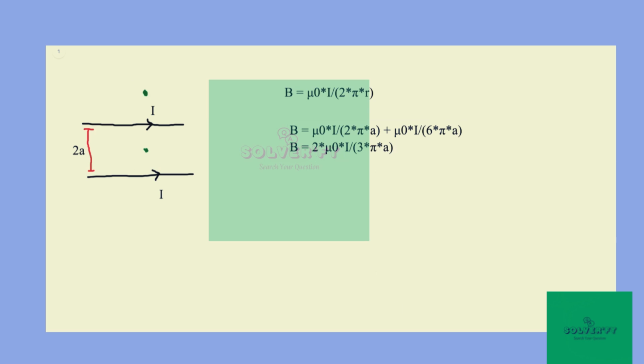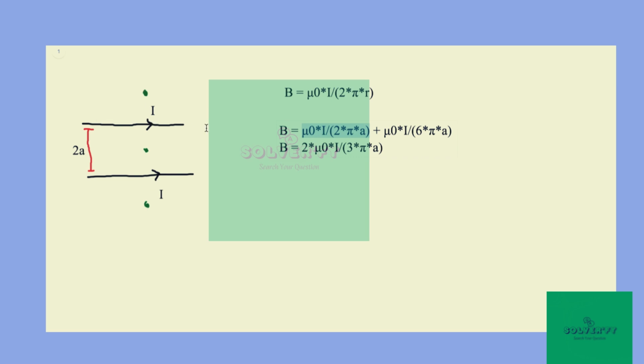Now for part C, we essentially have the same thing, except now we're considering point A, another point that's a distance A below the lower wire. So if we go through and calculate the magnitude of everything again, the magnitude of the magnetic field from this bottom wire is actually going to end up being the same as this term here, because it's a distance A from the lower wire.